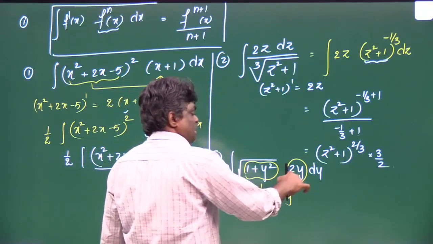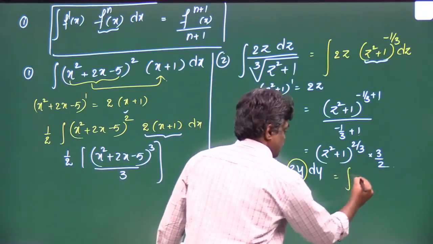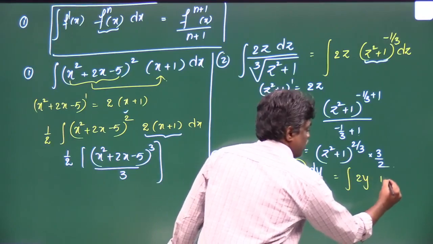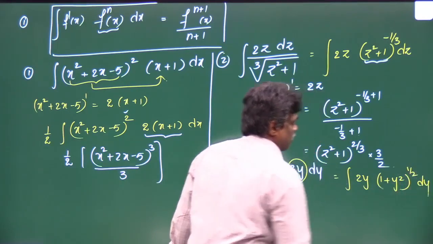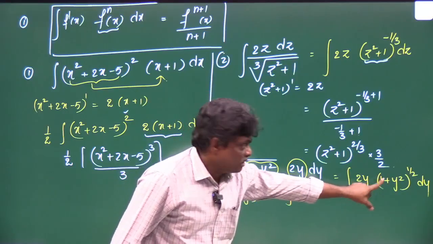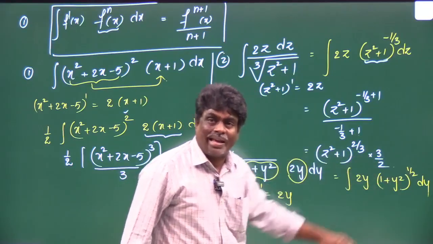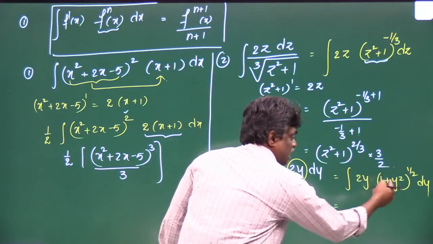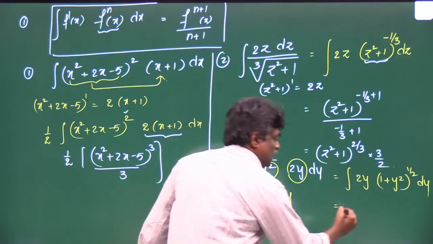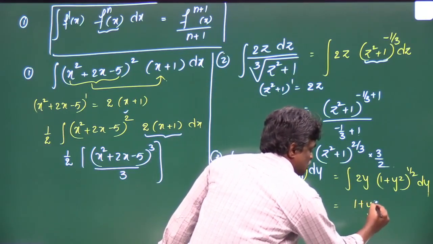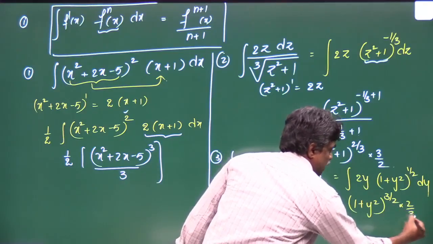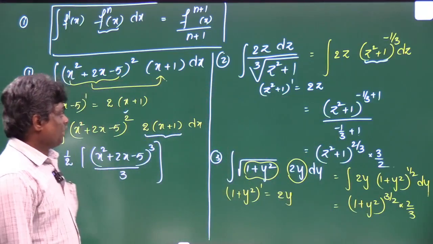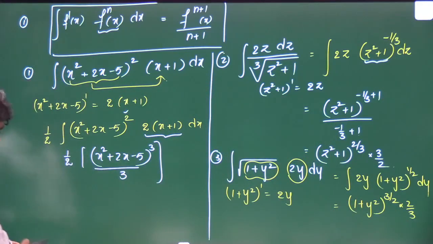So f dash of x, this can be written as integral 2y, 1 plus y square whole power 1 by 2 dy. So this is f dash of x, f power half, f power n. The direct answer, f power n plus 1 by n plus 1. That's why 1 plus y square whole power 3 by 2 into 2 by 3. Is that clear? Let us take a few more examples on this.